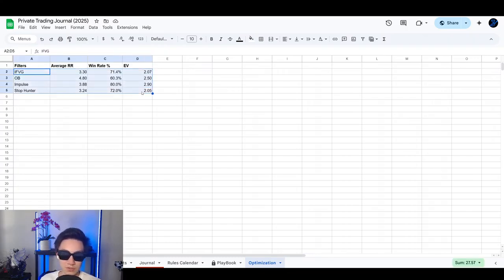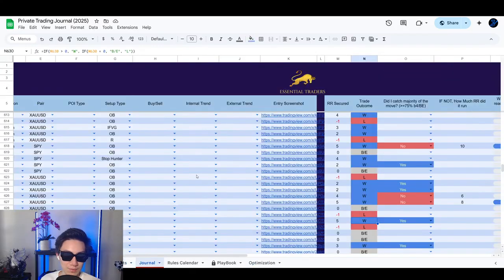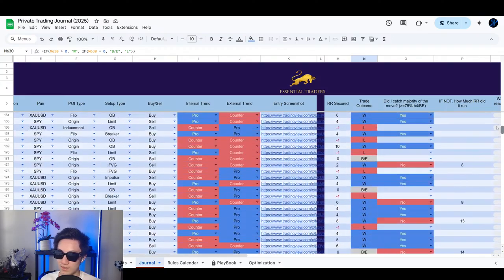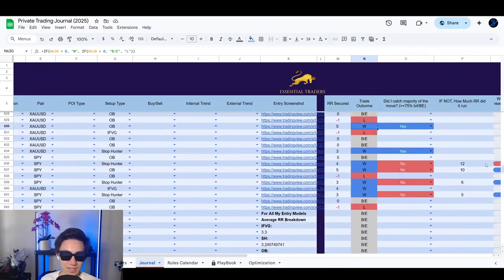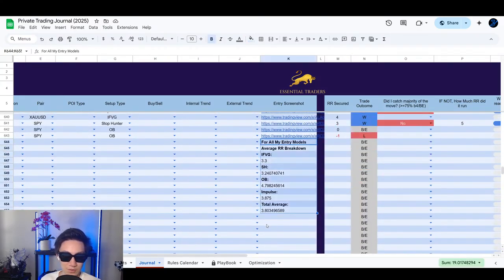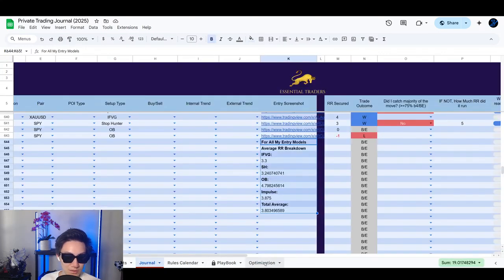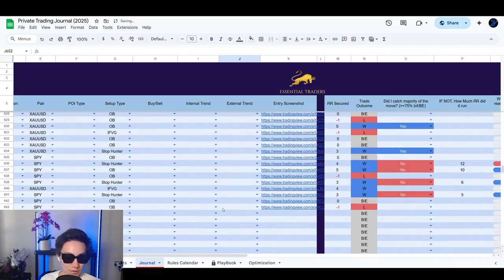We're just filtering to see what entry model works best so far from my trades I've journaled. Remember, you want to collect data first. You need sample size. Otherwise, you can't really do this. But if you have at least a solid amount or a little bit of sample size, it'll work. So we could probably delete these here. Since these values are correct, we'll just delete all that there.